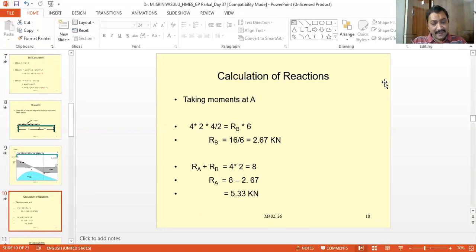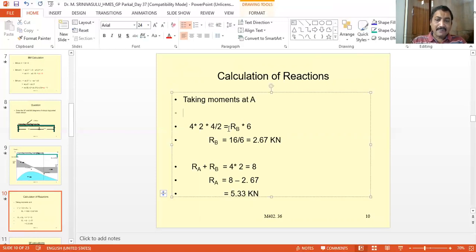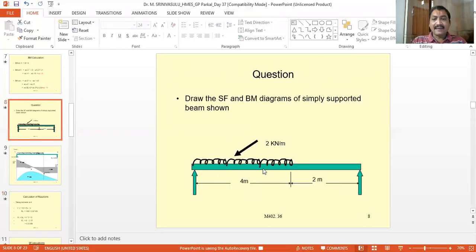So for the equilibrium condition, the algebraic sum of the clockwise moments must be equal to the algebraic sum of the anti-clockwise moments. So here RB will produce the anti-clockwise moment about point A. So that is RB into 6.